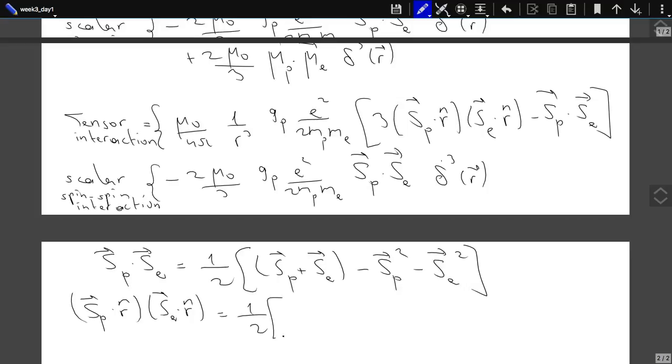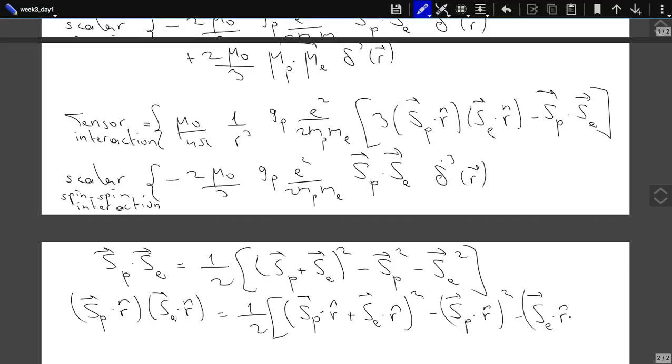This is 1 over 2 times Sp plus Se, now this is squared, Sp dot r hat plus Se dot r hat, squared, minus Sp dot r hat squared, minus Se dot r hat squared.